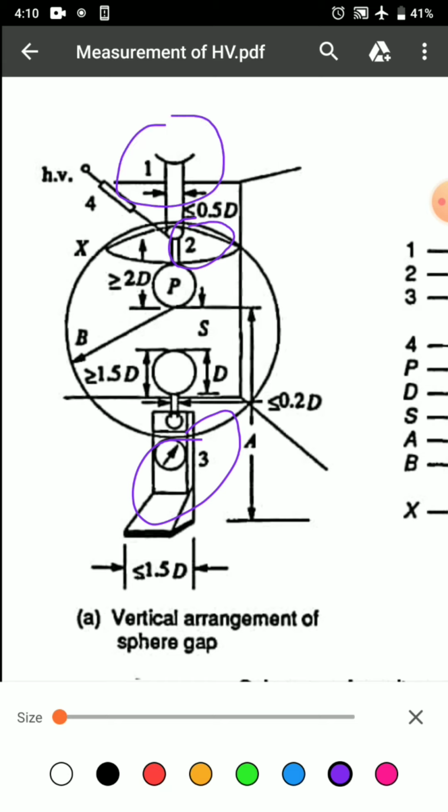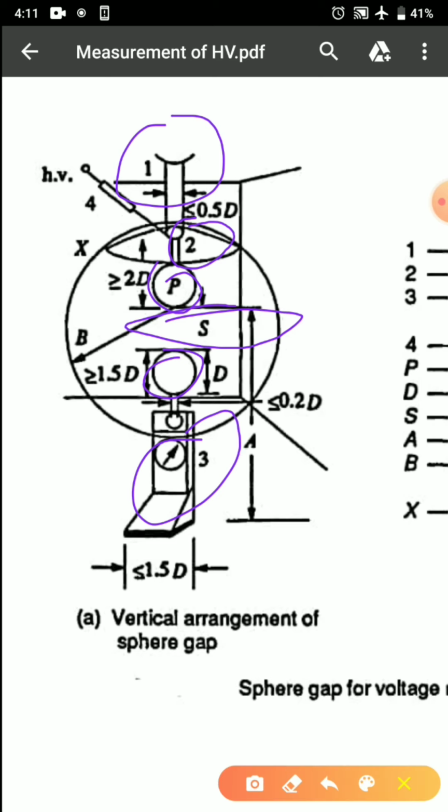The sphere is made of copper, brass, or aluminum. The spacing between the spheres is designed such that flashover occurs near the sparking point. The surface of the sphere should be free from dust, grease or any other coating. The high voltage conductor should be arranged such that it does not affect the field configuration.